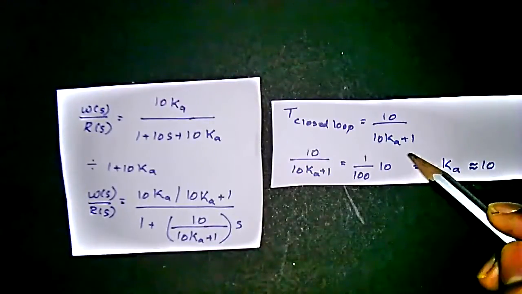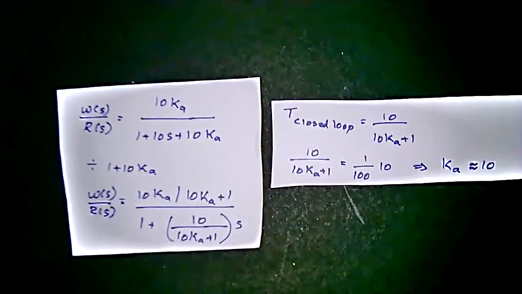We already saw that the closed loop time constant is 100 times smaller than the open loop time constant.